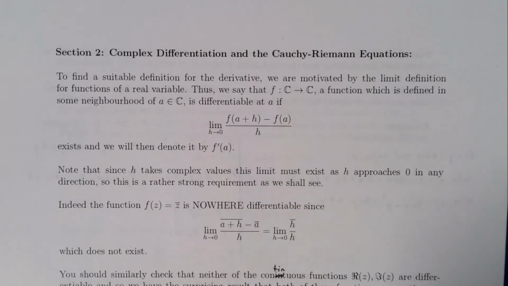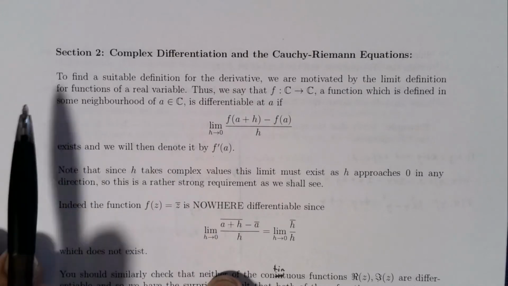So we want to find a way of defining the derivative for complex functions, and so what we do is we simply take the definition that we normally have for real valued functions for the derivative, and we simply replace everything with complex variables.